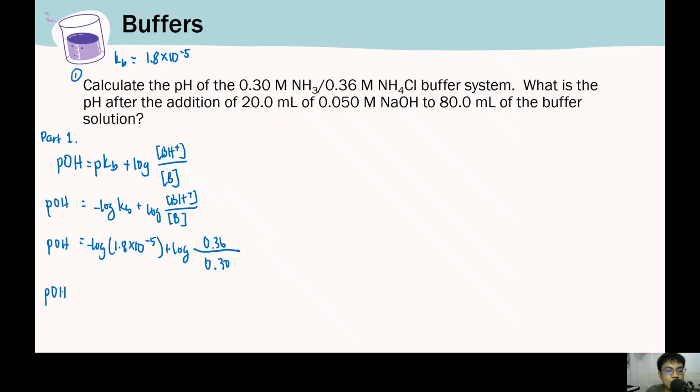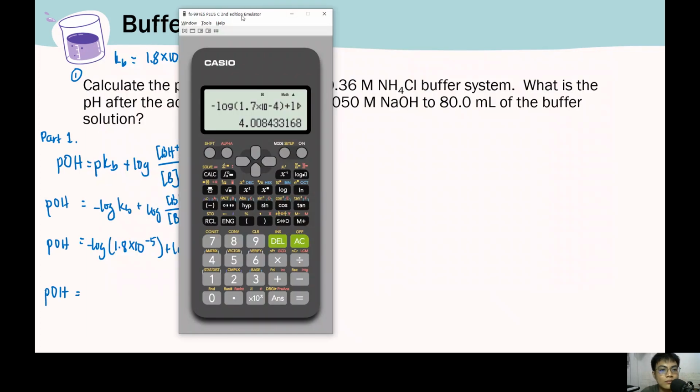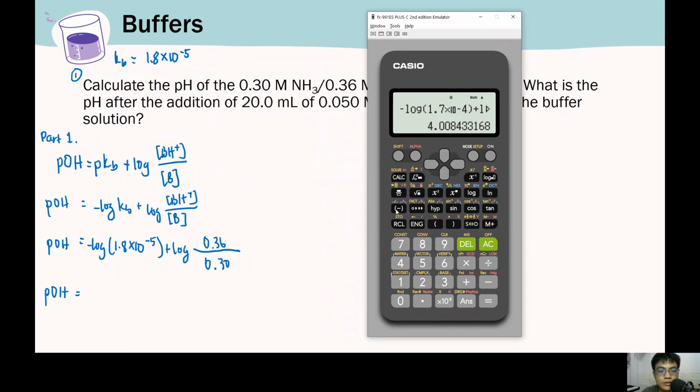So the pOH now is, pindot sa calcu. So that's negative logarithm of 1.8 times 10 raised to negative 5 plus the logarithm of 0.36 divided by 0.30. The answer is 4.82.